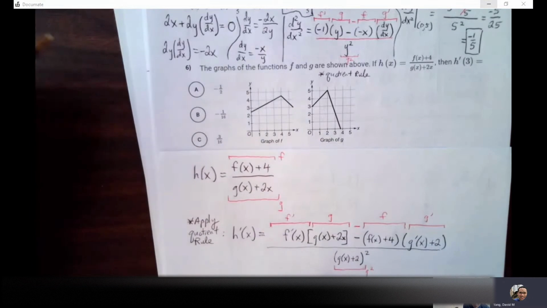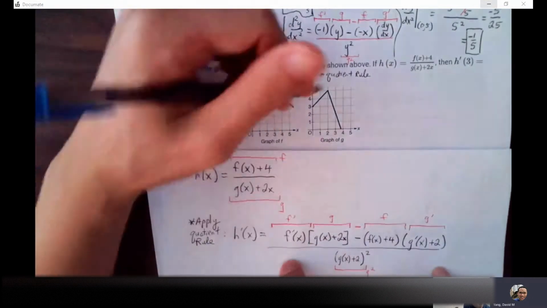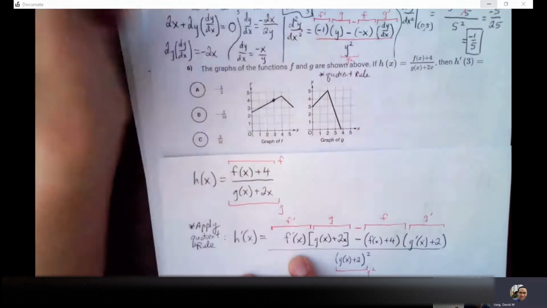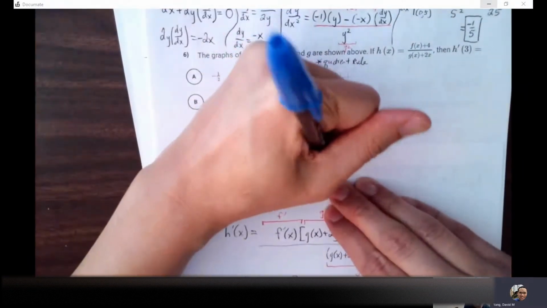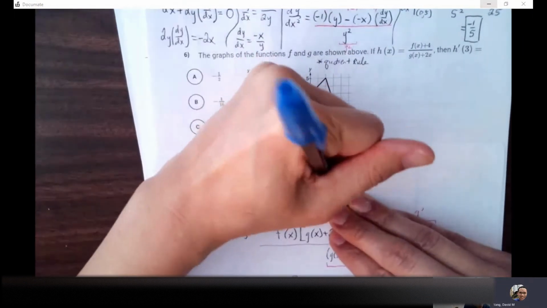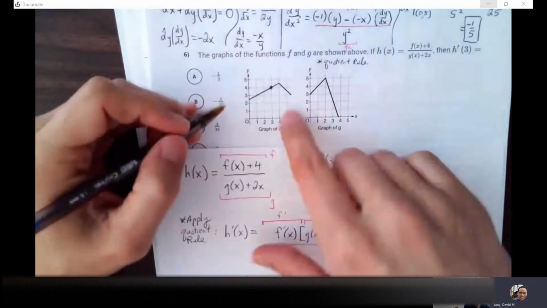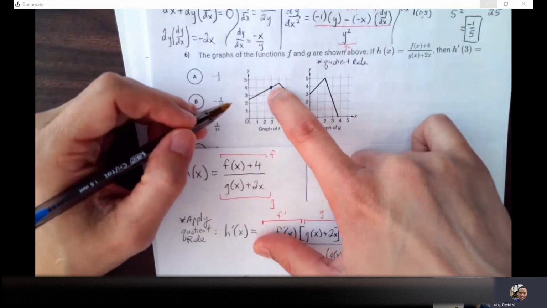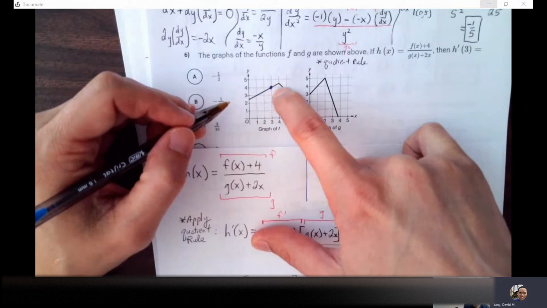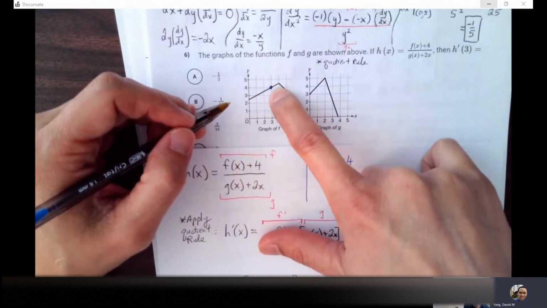So let me highlight those points there. f of 3 is here, and f of 3 is simply going to be 4. I'll put that up here. Now, f prime of 3 is asking for the slope of the graph at that point. We see this point as part of this line, so if I can find the slope of this line segment, I know the slope of the graph at that point.